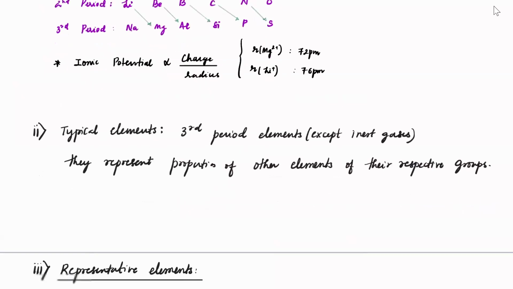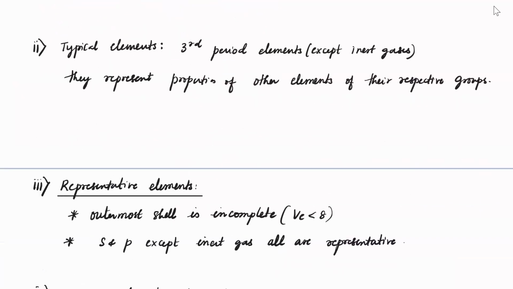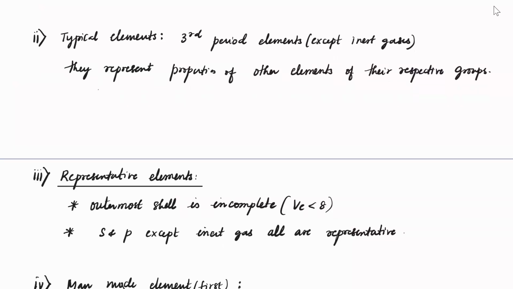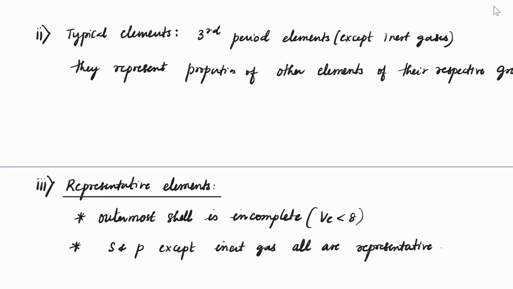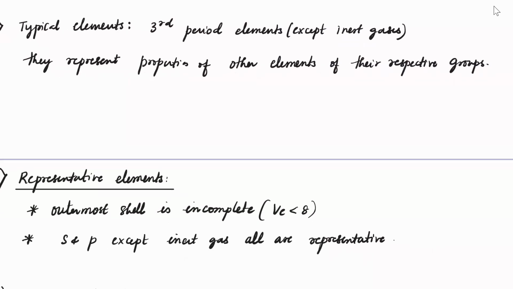Next, what are typical elements here? If it comes to typical elements, we could say that third period elements, except the inert gas, are called typical elements. Why that happens is that in most of the compounds, these elements would be the first ones to represent all the properties of those compounds.